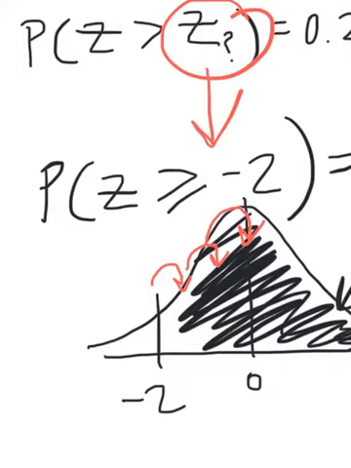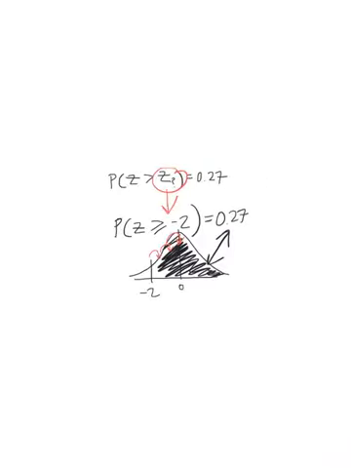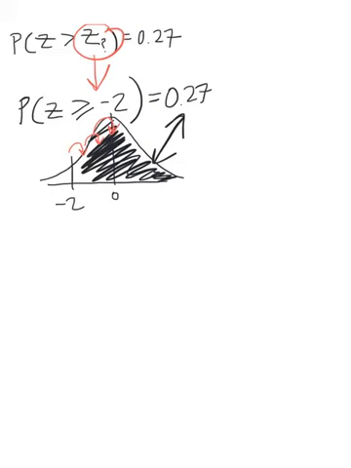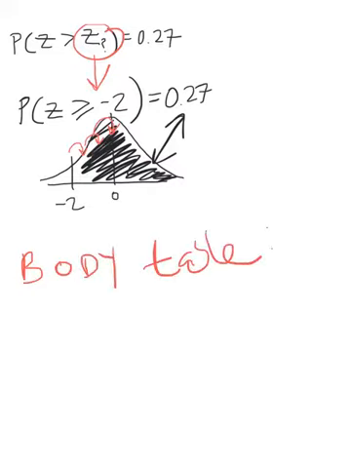So let's slide over, get out of here. Finish this sucker off. I'm making the following claim. What I did was I went into the body of the table. Let's mark that down. Body of the table. The table's just organizing all of the areas from calculus.